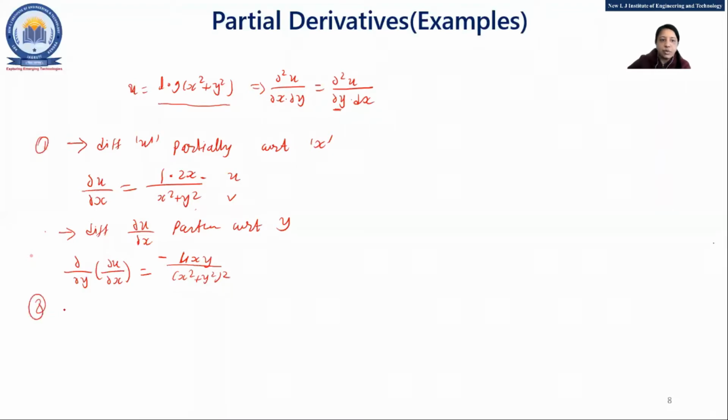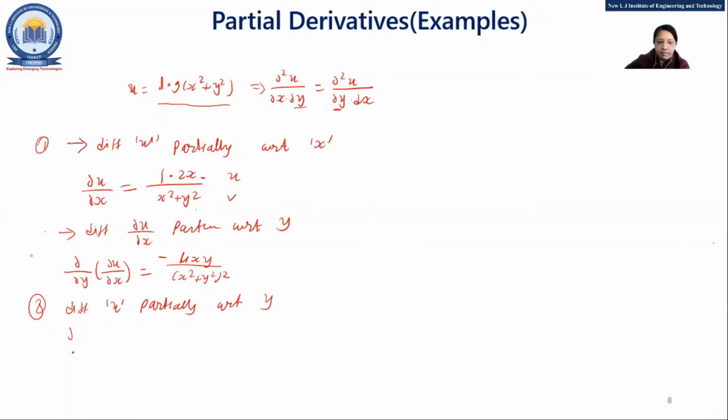The second one is what? First I'll do with respect to y. So differentiate u partially with respect to y. So what should be there?